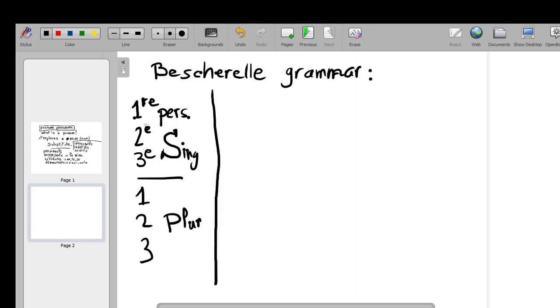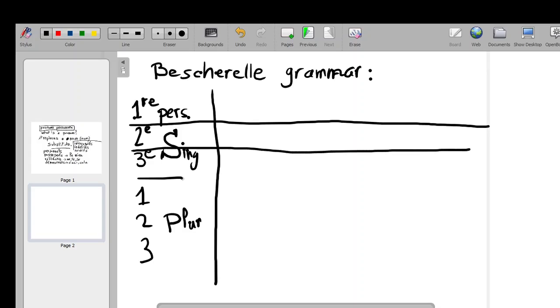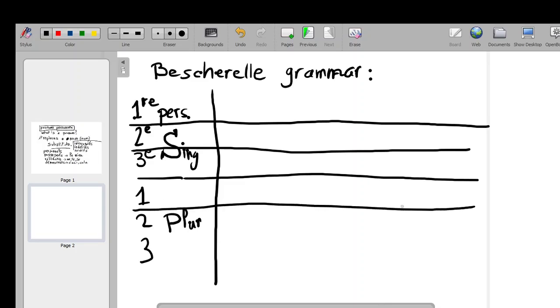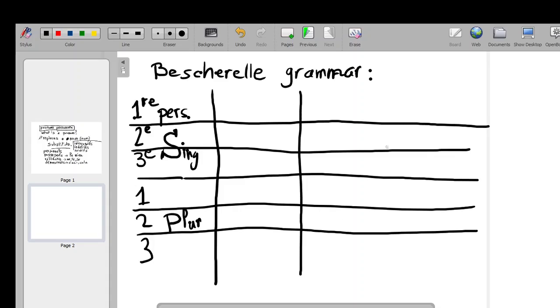Okay, so let's see if I can do straight lines. Okay, so here and then here I'm gonna do 3 columns depending on the function.